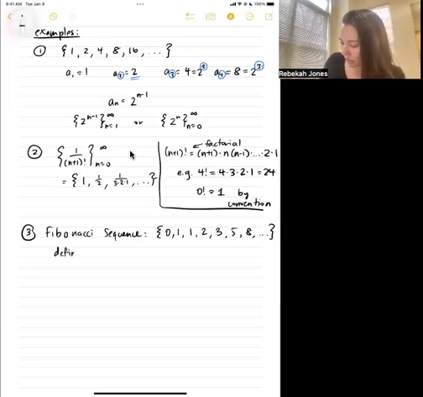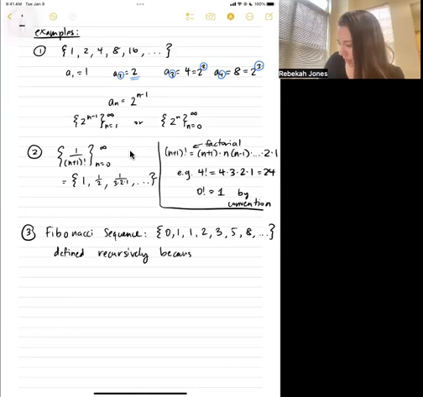So we say that this is defined recursively because the value of the nth term depends on the previous terms, right?